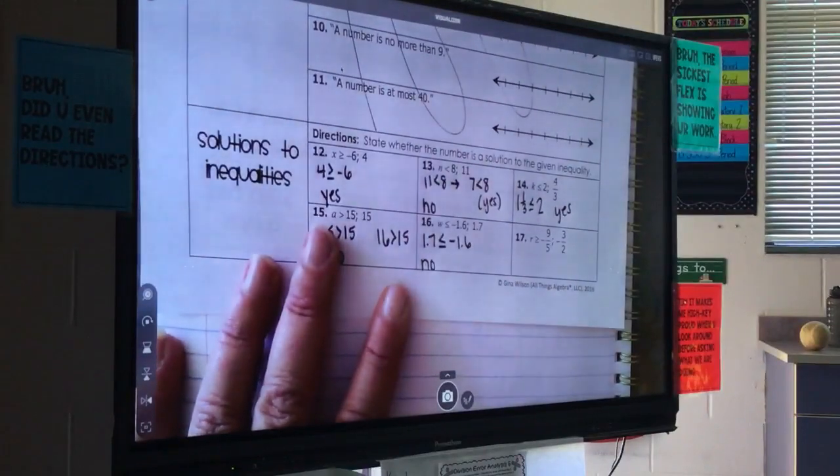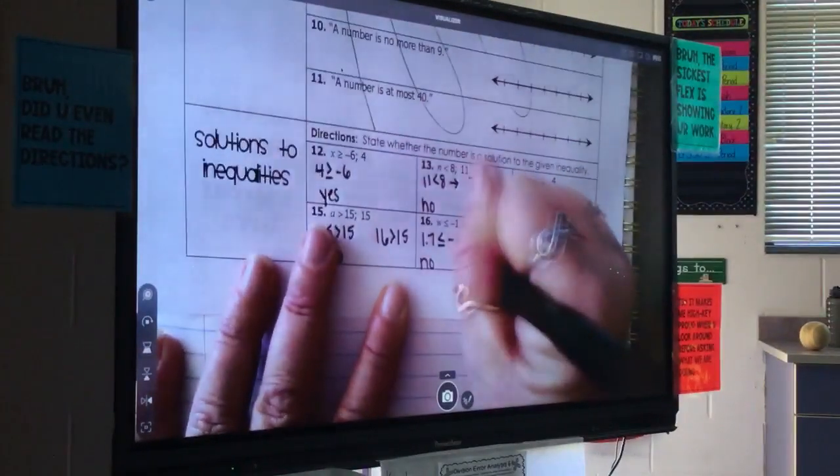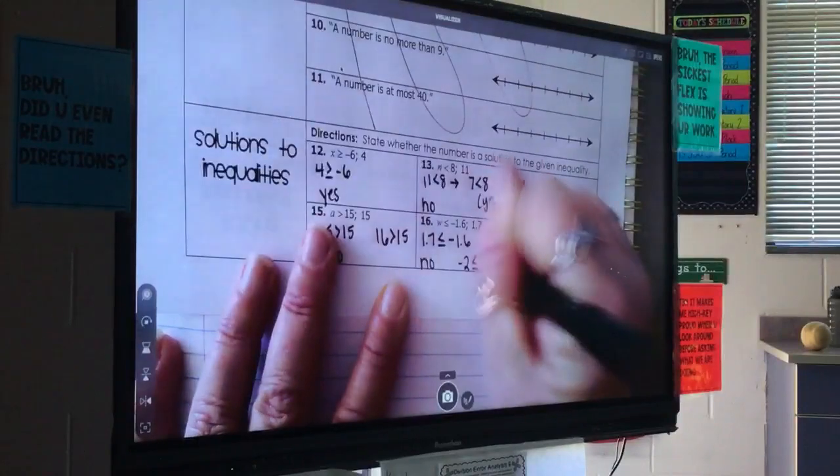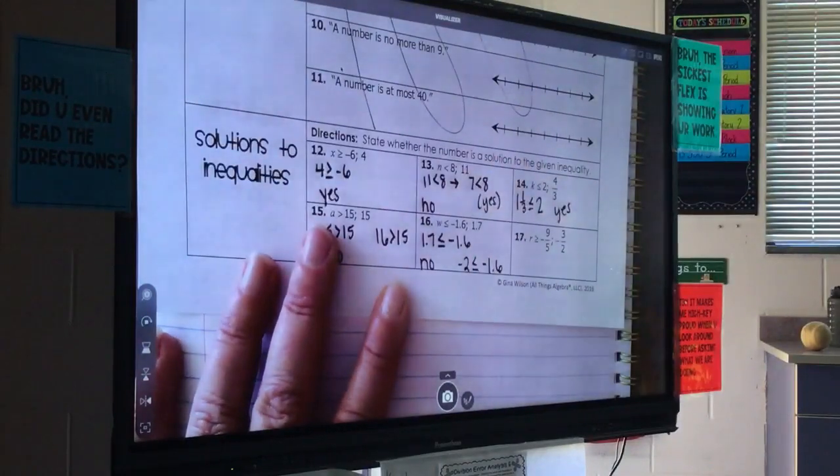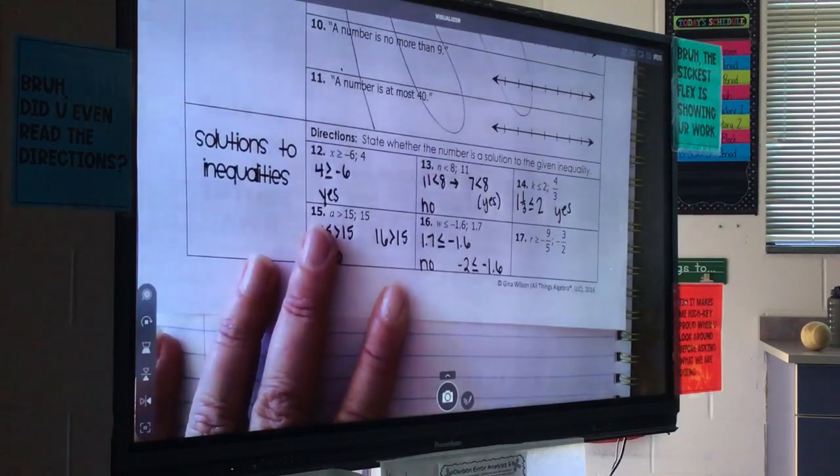Negative 2. So negative 2 is less than or equal to negative 1 6/10. What's another one? Negative 1 6/10. What's another one? Nevaeh. Negative 4. So any number bigger than 1.6 with a negative sign in front of it.